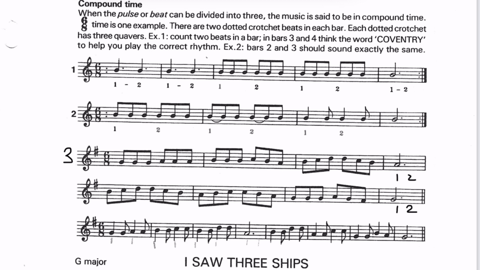I don't think you need to clap it necessarily because it's all eighth notes, but I want you to hear what it sounds like. 1, 2, 1, 2. So then you can pause the video and try that yourself.